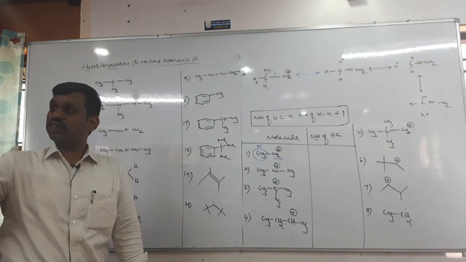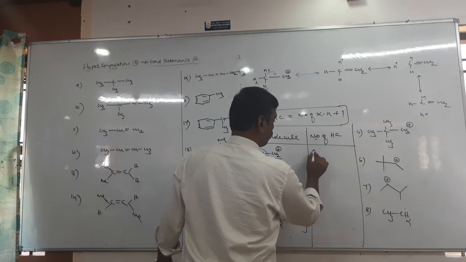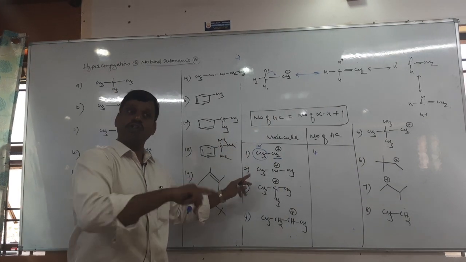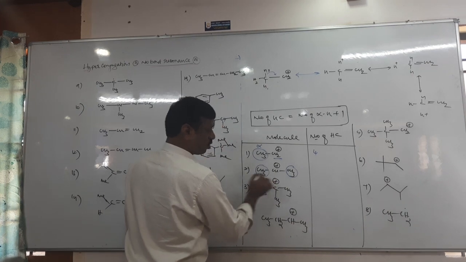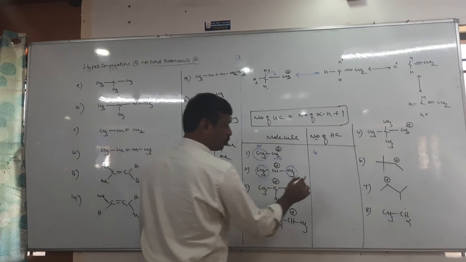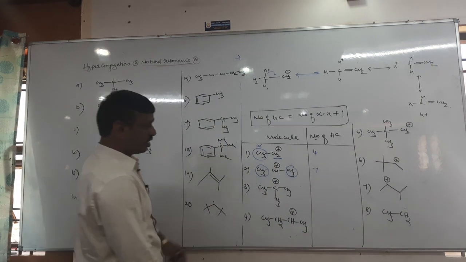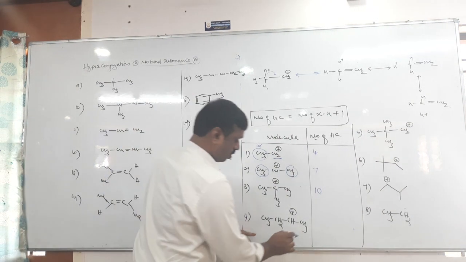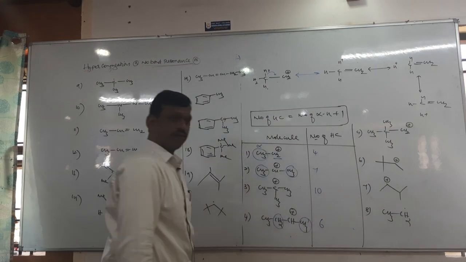On the alpha carbon there are 3 alpha hydrogens. Therefore the number of hyperconjugation structures is 3 plus 1, 4, because you will get 3 hyperconjugation structures plus 1 more original structure. Total structures are 4. Next, here there are 2 alpha carbons, 6 alpha hydrogens. So 6 plus 1, 7 hyperconjugation structures. Next, so 3 plus 2, 5, 6 hyperconjugation structures.